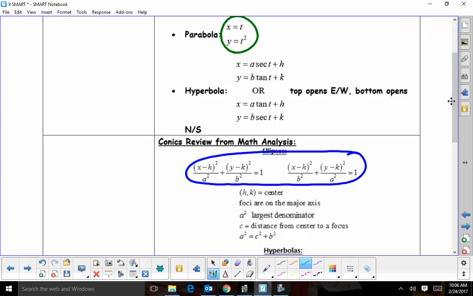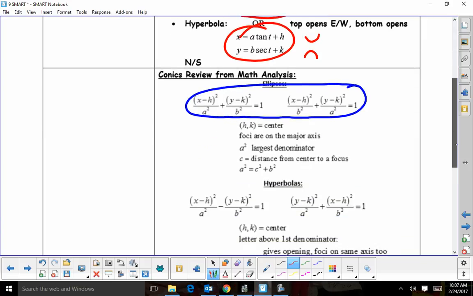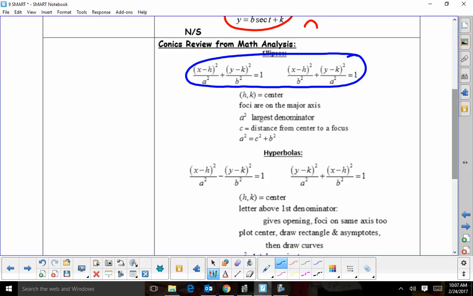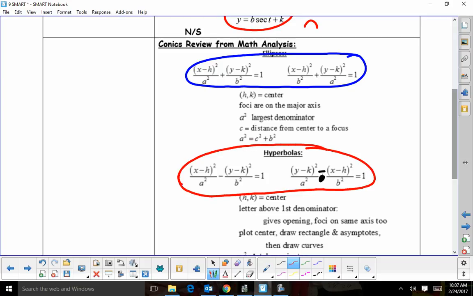A hyperbola looks like this or like this, depending on if it opens east-west or north-south. And in rectangular, yes, this is always a minus for hyperbolas. When it's a plus, it's an ellipse. So I apologize for that typo.